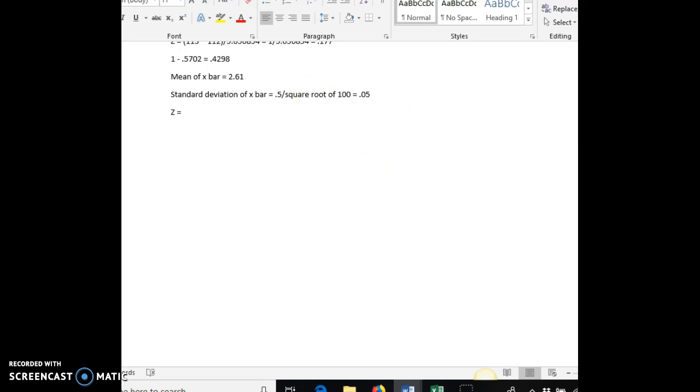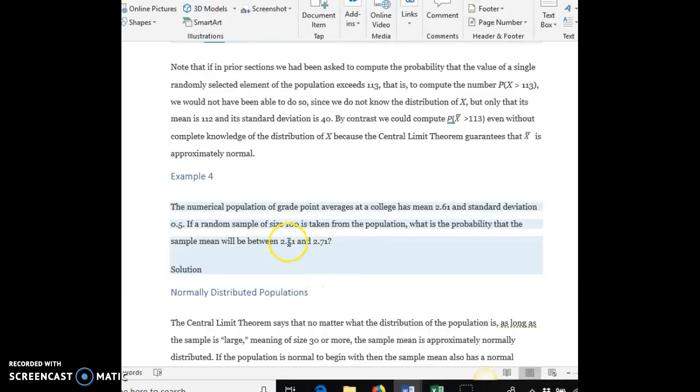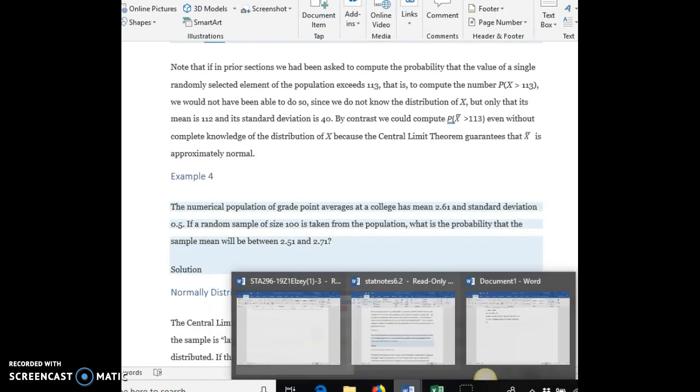If we're using a sample mean, it is the sample mean x bar minus our population mean mu, or in this case the mean of x bar, divided by sigma divided by the square root of the sample size. All right, so let's fill in. We want to put 2.51 in, and then we'll put 2.71 in.